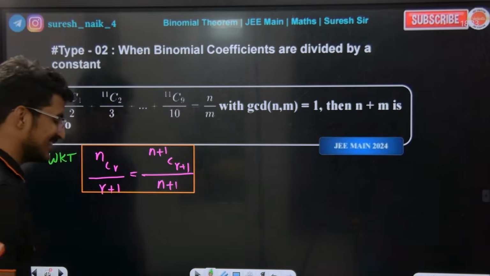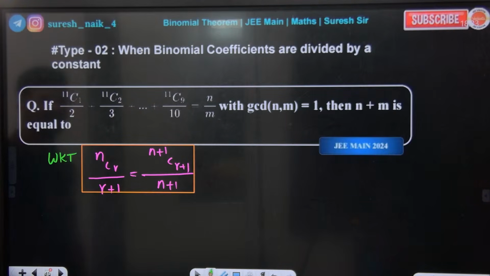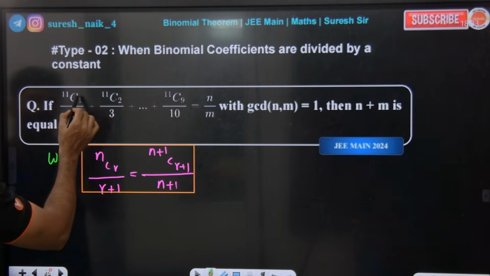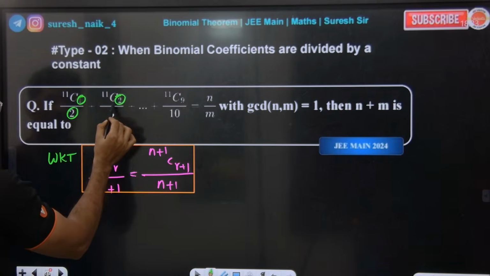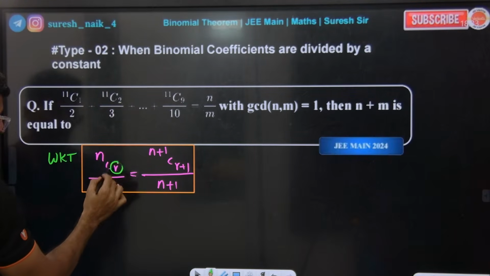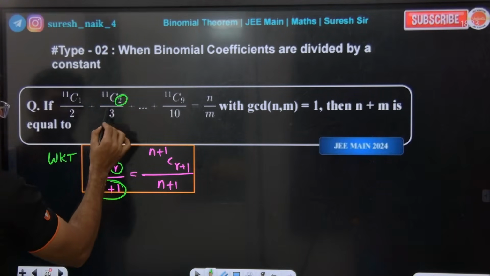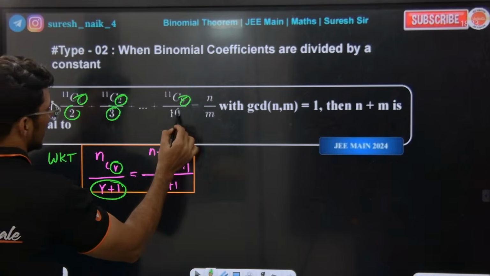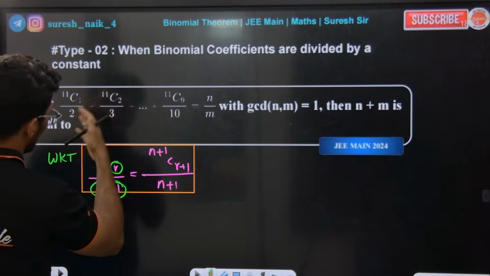Look, nCr by r plus 1. Below is 1, below is 2; 2, 3; here if it is r then r plus 1: 2 to 3, 1 to 2, 9 to 10. So now this can be written as what? Tell me.